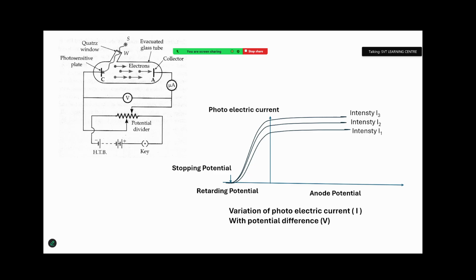Next, if you reverse the potential difference, that is, now we are making C positive and A negative, what was the cathode now becomes the anode, and what was the anode now becomes the cathode. What will it do?